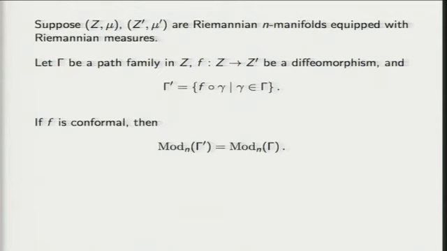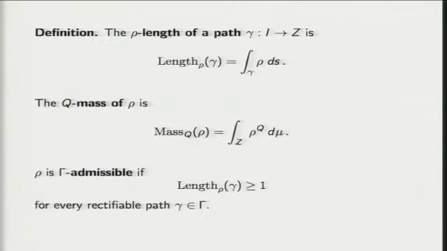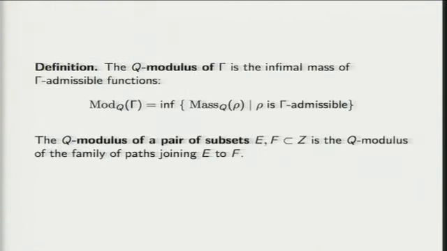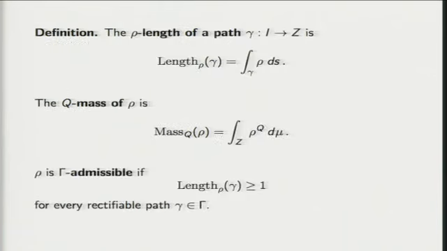Back to the slide where you had the quantification over rho and mu, the definition for modulus. What about the measure? The measure shows up when I calculate the mass. I'm integrating over the whole space.